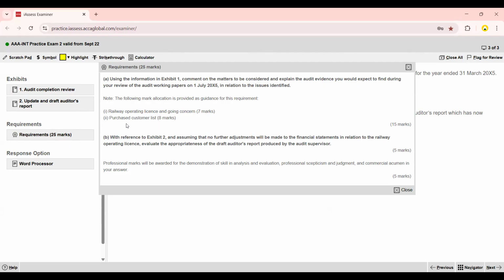But now in the new CBE question, there are two parts. Part one for the railway operating, part two for the purchased customer list. The examiner removed one part, and in addition to that, the examiner added: explain the audit evidence you would expect to find during your review.